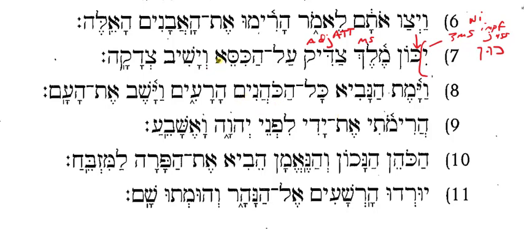So here we have v'yashiv. What am I looking at here? Is this a hollow verb? Is it not? What do you think? How many root letters do I have? Okay, I have two, right? I've got the shin and the bet.